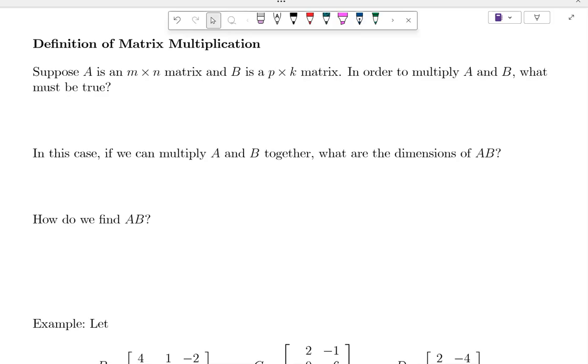So the first thing, in order to be able to multiply matrices together, something has to be true about this number here and this number here.